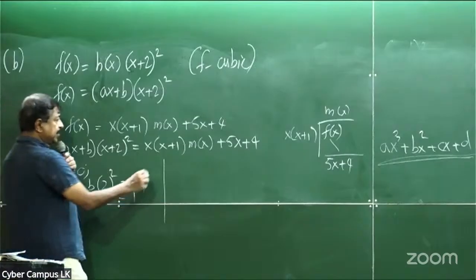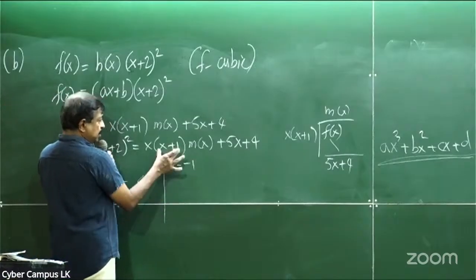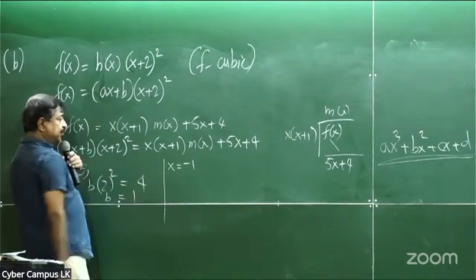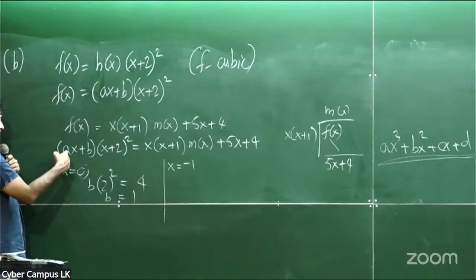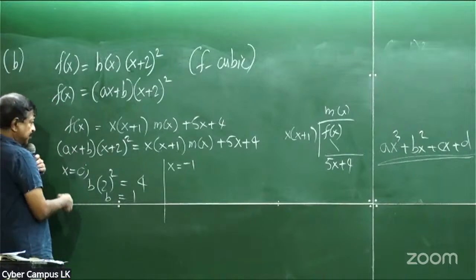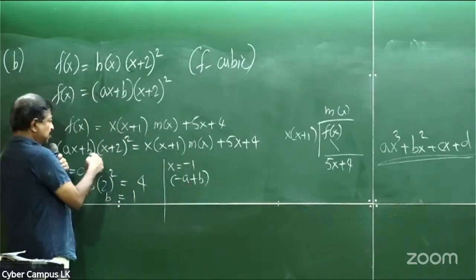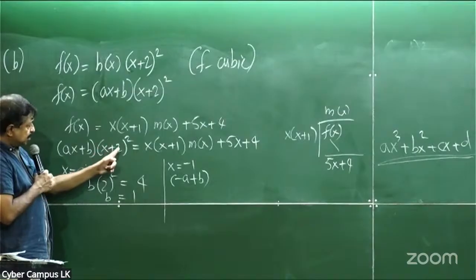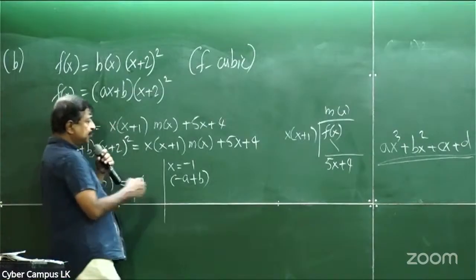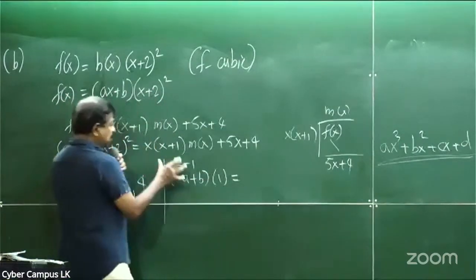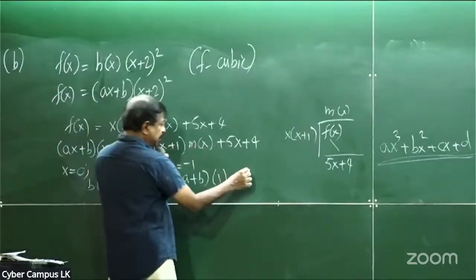Now substitute x equal to -1, which in turn makes this factor 0. If you plug in -1, this is minus a plus b. When you plug in -1, -1 plus 2 is 1, so 1 squared is 1. This entire thing will be 0.